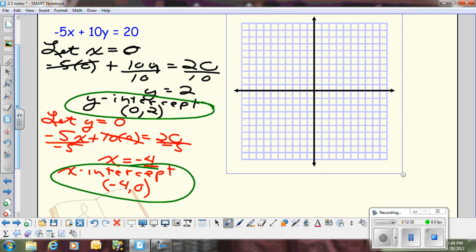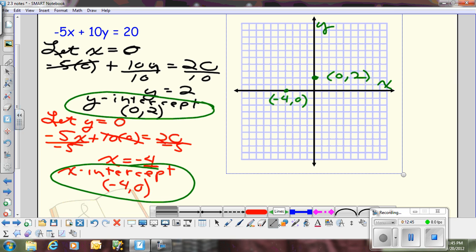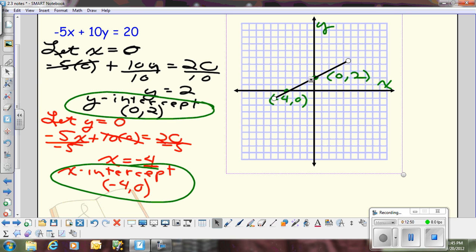So I've got 0, 2, and I've got 1, 2, 3, negative 4, 0. Label both of those, x and y, and draw your line between those 2 points. Remember to extend the line so it fills up your graph, and put on your arrows.